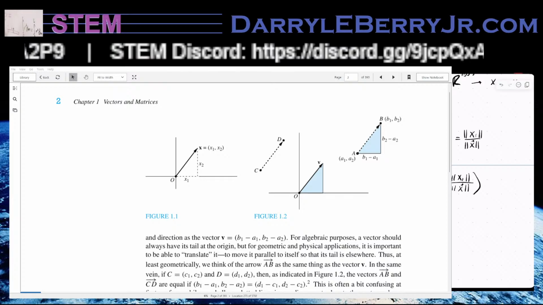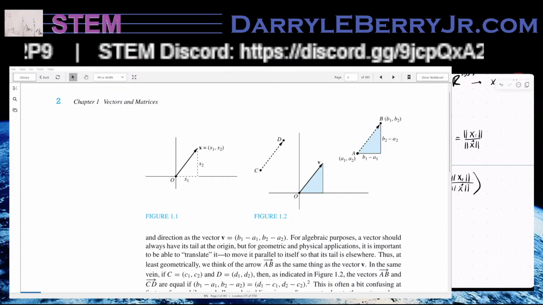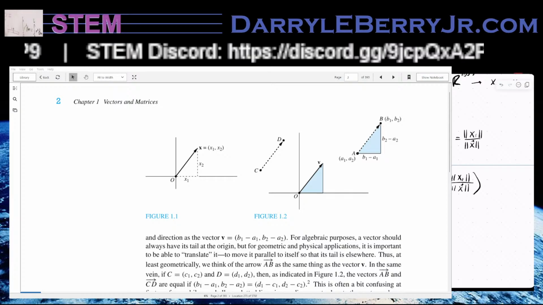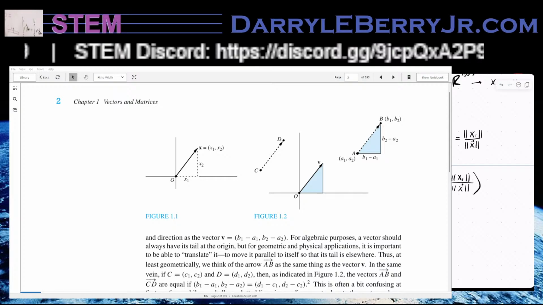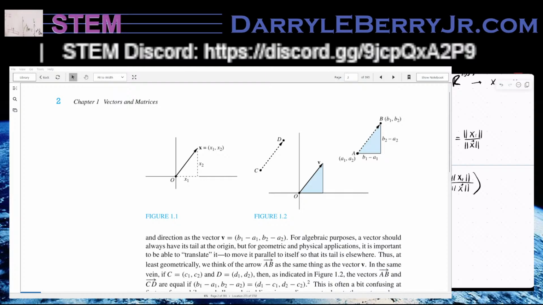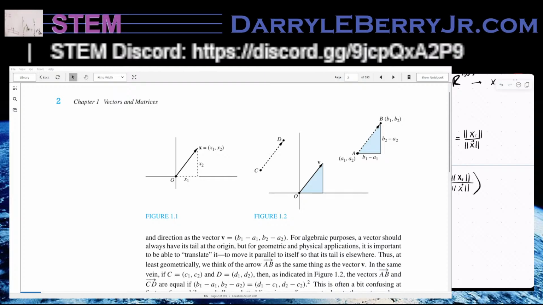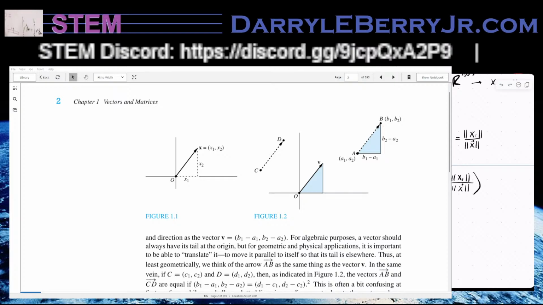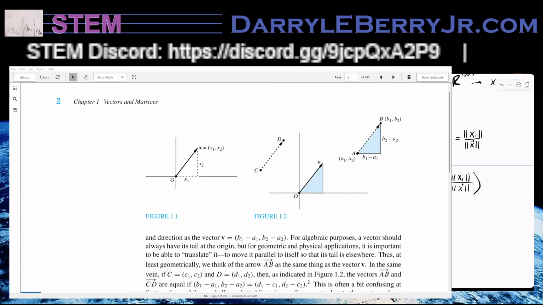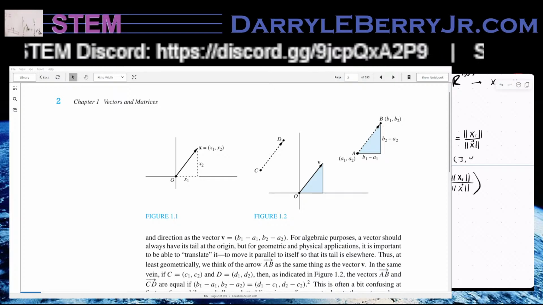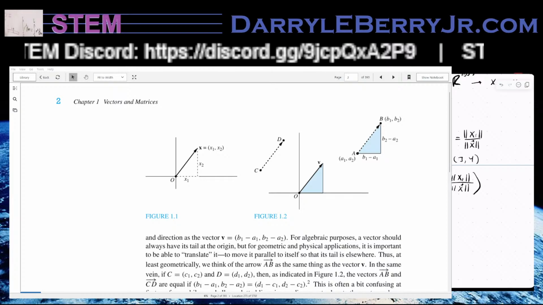But still, the length of that line segment is going to be the magnitude. So if I call this B and I call this A, the magnitude of B, A, which is B minus A, which is, of course, 3, 4, since the origin is A.